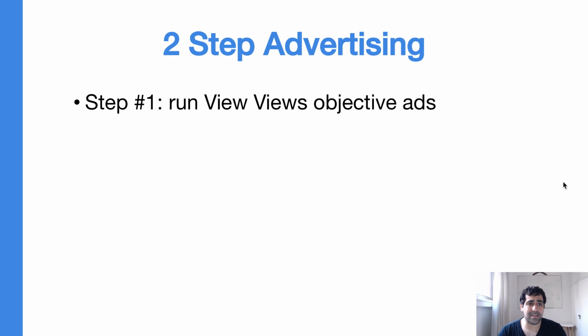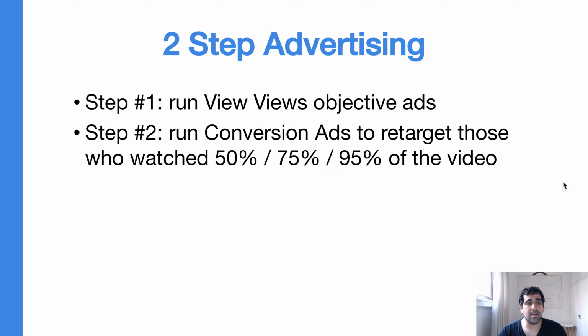And you can have clicks here, but you're not going to get a ton of leads from this campaign. The goal here is to put your brand out there and to pixel people, so that then in step number 2 you can run conversion ads specifically for the custom audience of people who watch 50, 70% or 90% of the video.